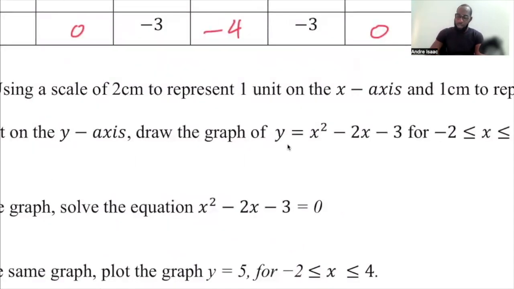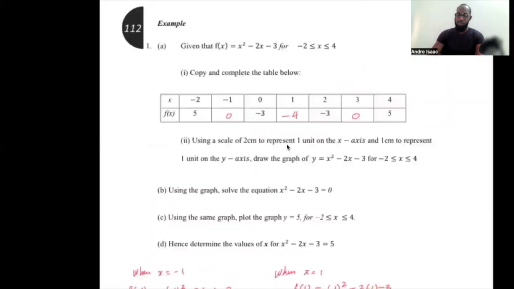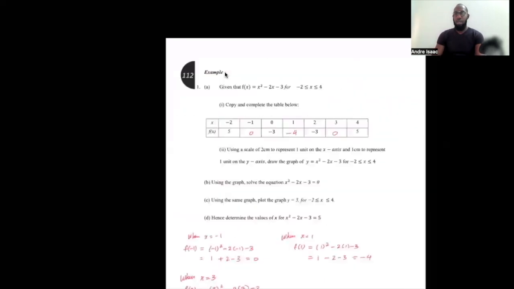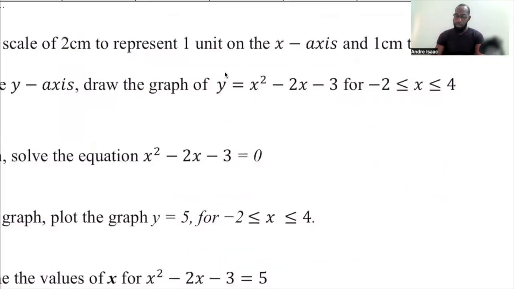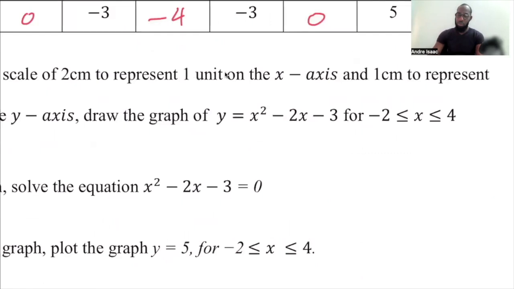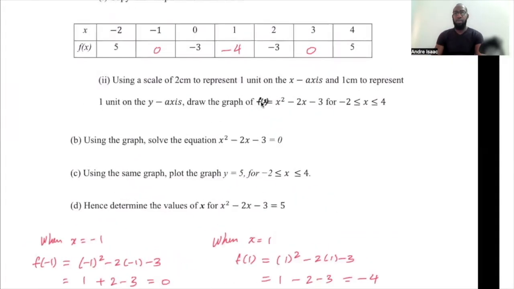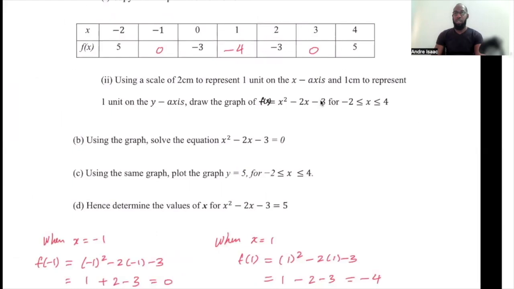Y and f of x are like saying the same thing, but since the question gave us f of x, I will be consistent and change this to f of x. So you have to draw the graph of f of x equals x squared minus 2x minus 3.